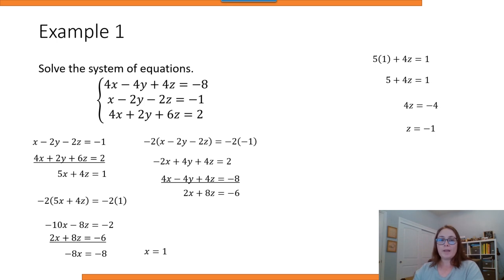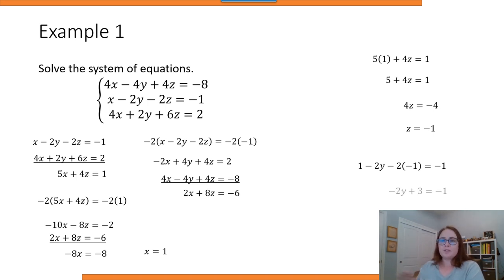I still need to find the y. So I have to go back to an equation that has a y in it, which is one of the original 3. Pick any one of those, plug in your x and z, and solve for the last variable. So I picked the middle one. It was the simplest one, smallest numbers in it. So I get 1 minus 2y minus 2 times negative 1 equals negative 1.